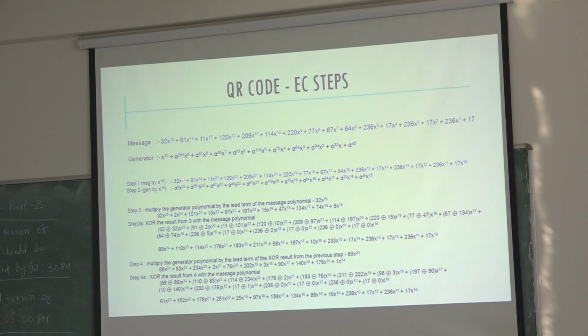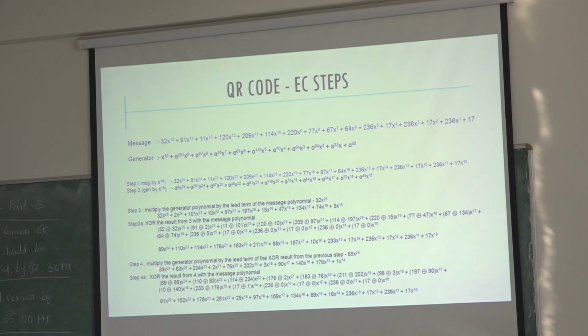First time, since it's the message polynomial, we'll directly do it. Second time, the first coefficient of the result will become the message polynomial. So this message polynomial 89x24 is multiplied with the generator polynomial, and we get the generator polynomial like this.